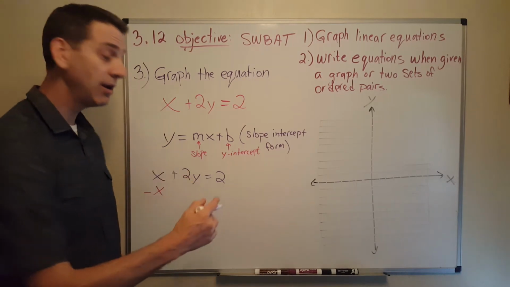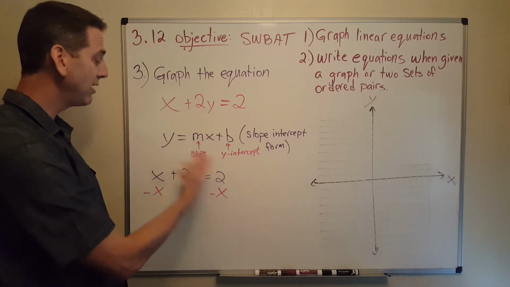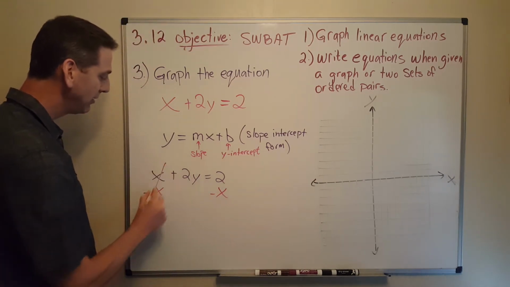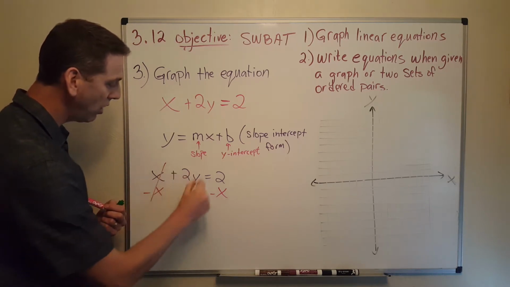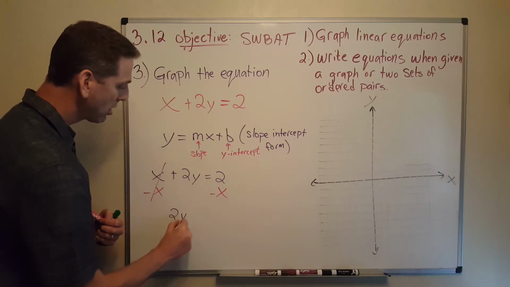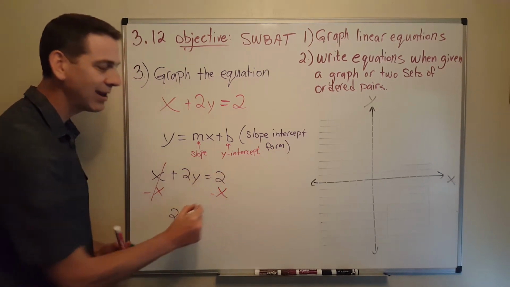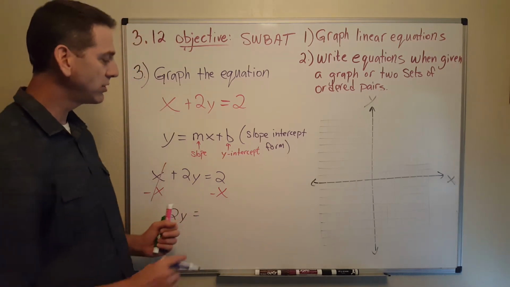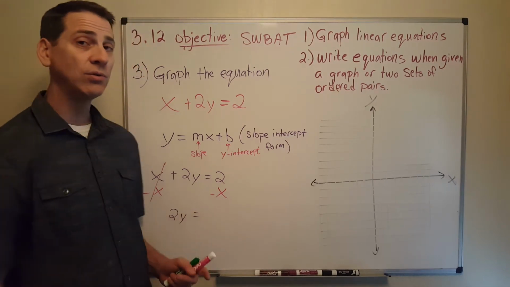As long as I do it to the other side, remember the golden rule of algebra, do unto one side as you do one to the other. Okay, x minus x is going to cancel. Okay, and that leaves me with just 2y equals. All right, now these are not like terms. I cannot combine them. And so the question is, okay, what should I put first? Should I put 2 minus x, or should I put negative x plus 2?